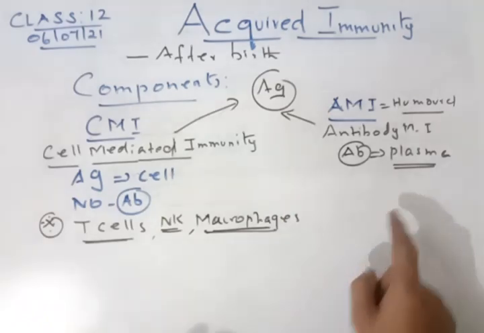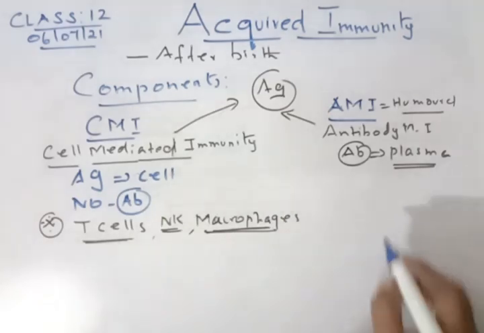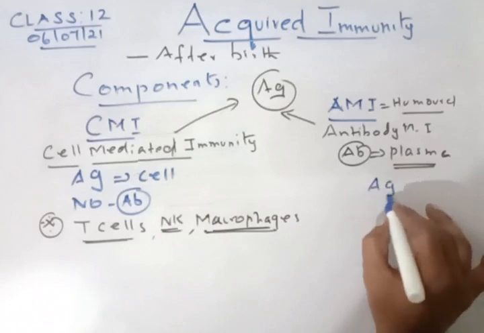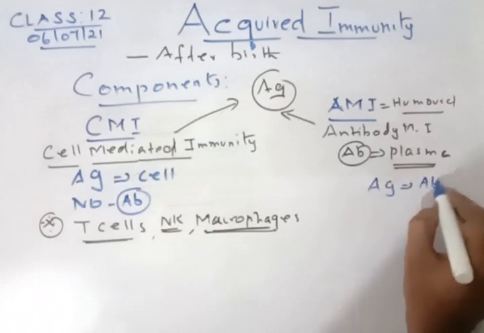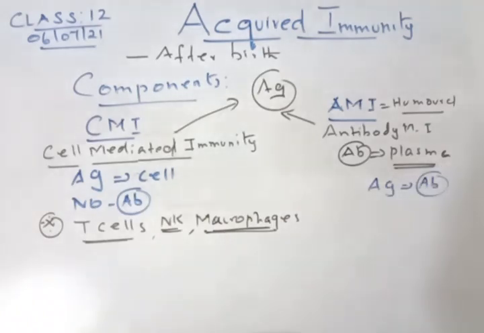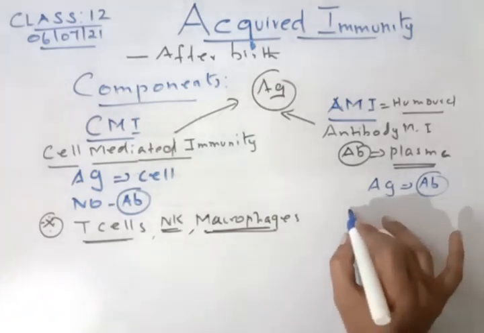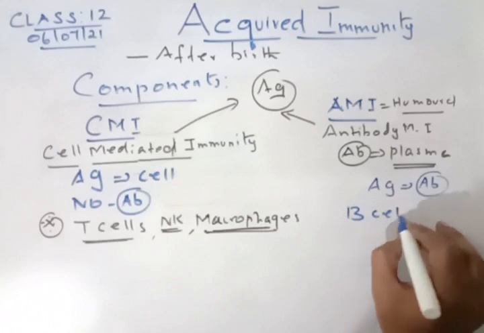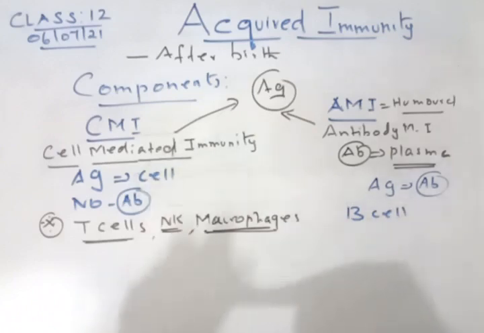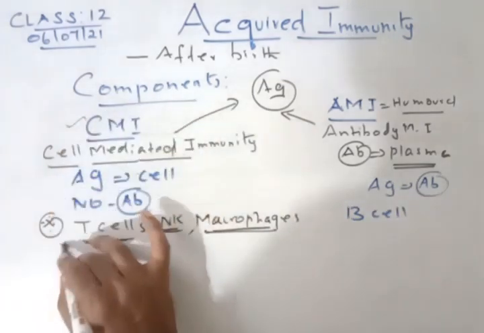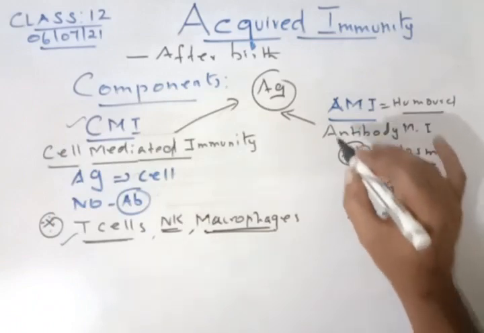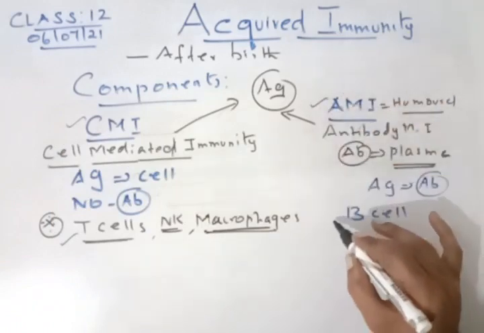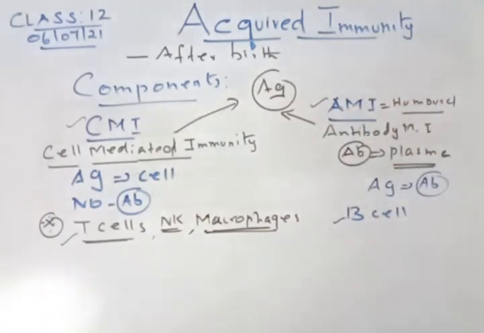So now antibody mediated immunity. In antibody mediated immunity, the antigens are destroyed with the help of antibodies, and this is done with the help of cells called B cells. So remember, cell mediated immunity is done by T cells and antibody mediated immunity is done by B cells. All these are 1 mark questions.